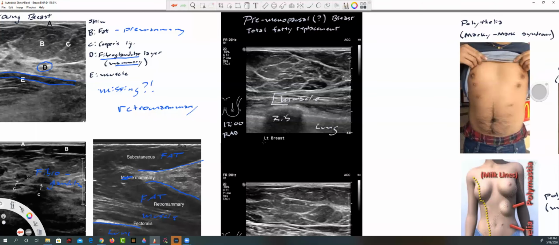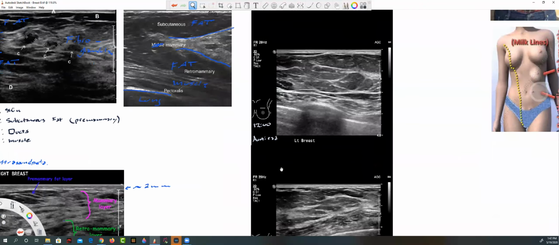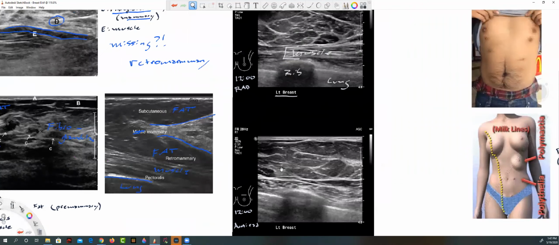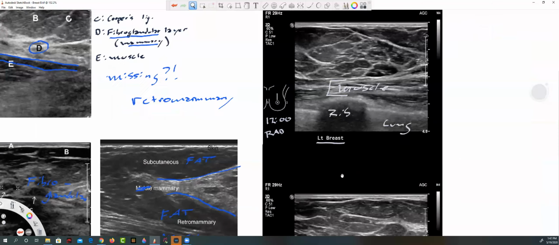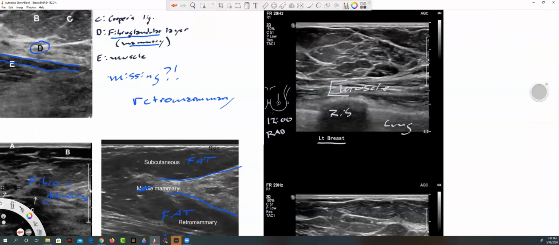Okay, well, they said left breast, and then they just used a body mark. The body mark shows that it's a left breast. From this image alone, we could have written down 12 o'clock, because we're going to use this as a clock face.